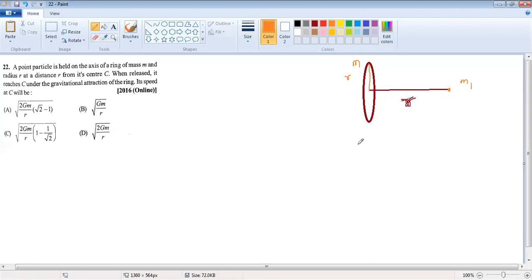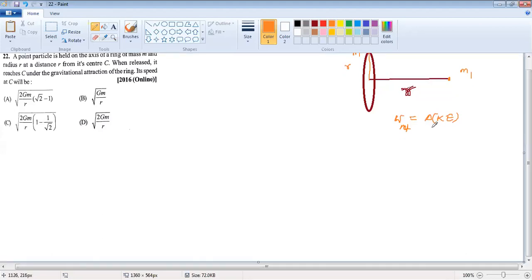The question is, when it is released from here, only the conservative force, the gravitational force, is acting. What is the speed? Now we are very clear: work done by a conservative force means we can apply the work energy theorem. As per the general concept of the work energy theorem, work done by net force equals change in kinetic energy.